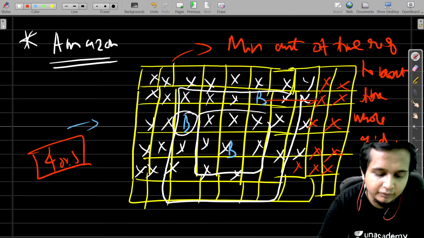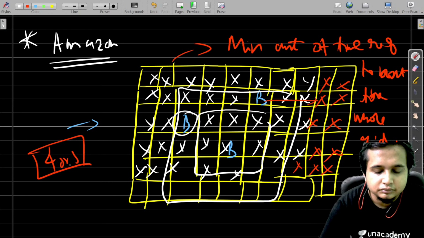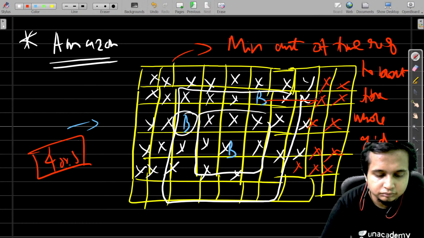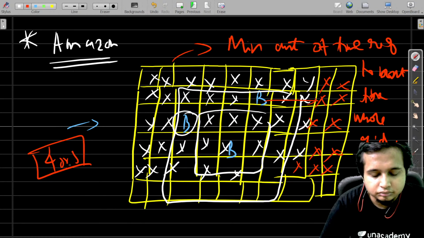Okay, so Vijay, from where would you find the maximum distance? Yeah, correct, Vijay. Correct, Vijay.